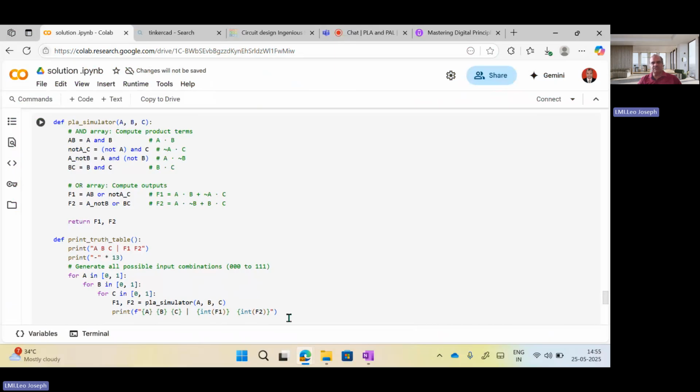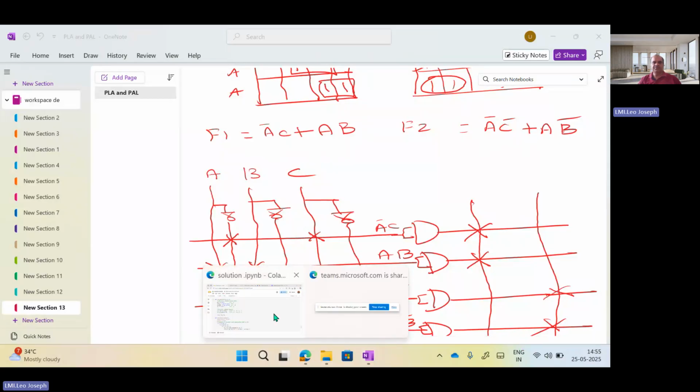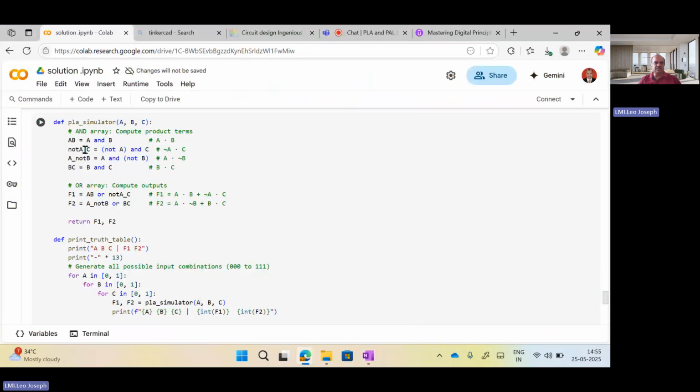So what are all the things available in the function? First I am writing AB, that is A and B. A bar C is nothing but not of A and C. This is not of A and not of C, and this is A and not of B. These are all the things we have to do. So same thing I am doing here.